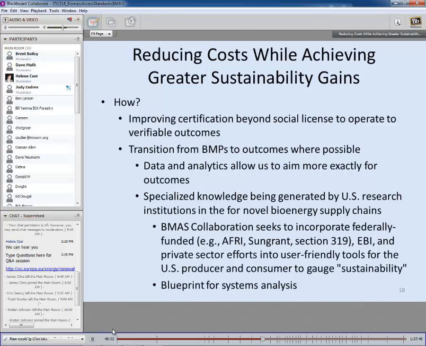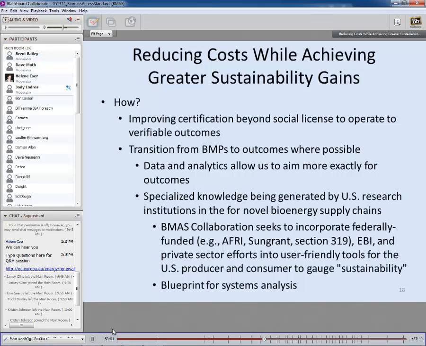But there's, like I said, this movement toward getting verifiable outcomes because of the concern about water quality, the concern about loss of biodiversity, wanting to know how much economic benefit is actually coming to the community from an operation, which could be a very positive story for bioenergy if we could get that verifiable outcome. Like I said, there's also this transition from BMPs, or at least using BMPs, but tying them to outcomes where possible.